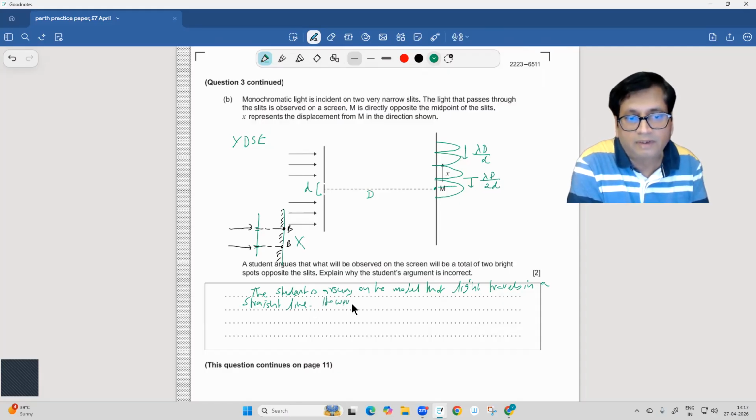However, this model, which treats light as a stream of particles, is not correct.